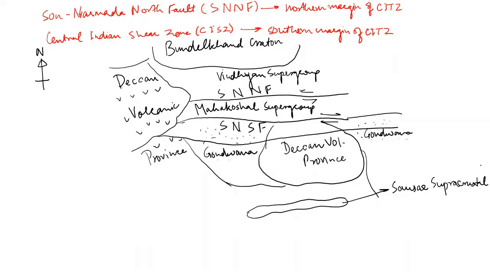Saucer supracrustal, and then comes the Central Indian Shear Zone. And of course, in this region, a lot of crystalline rocks are also preserved and exposed.